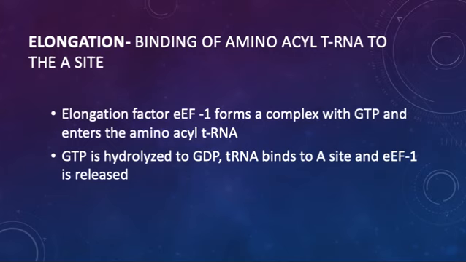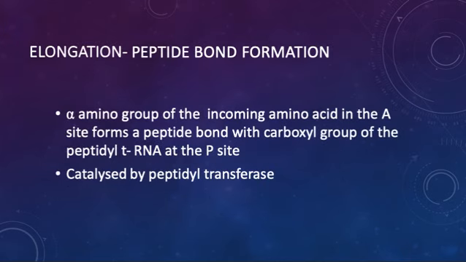So the next is the formation of the peptide bond. So the alpha amino group of the incoming amino acid in the A site forms a peptide bond with the carboxyl group of the peptidyl tRNA at the P site, and this requires an enzyme, peptidyl transferase enzyme.